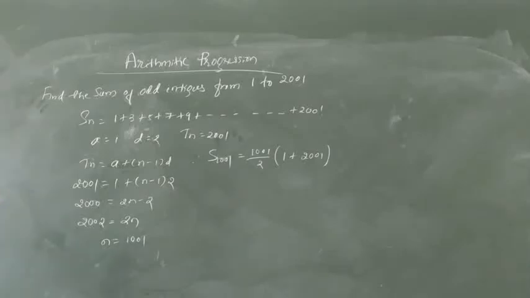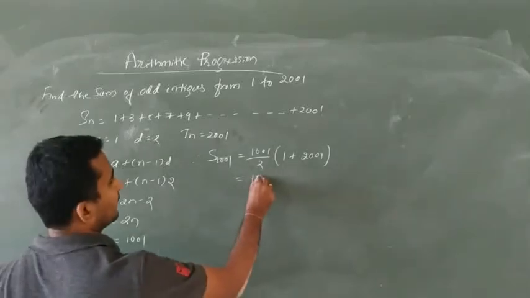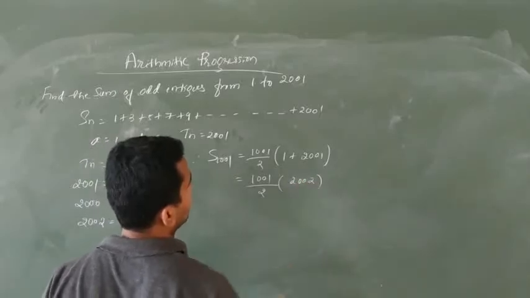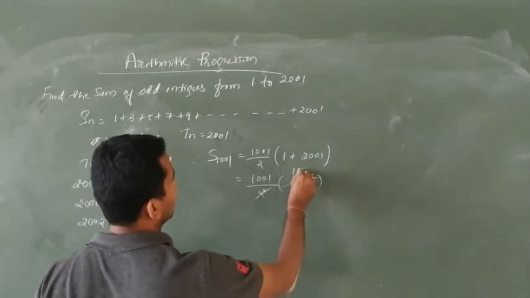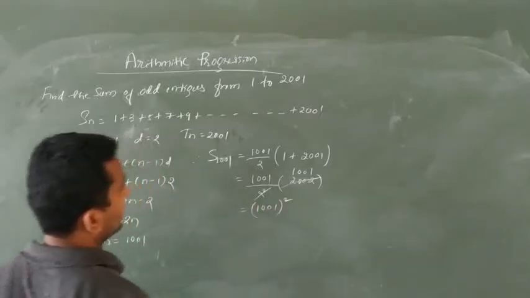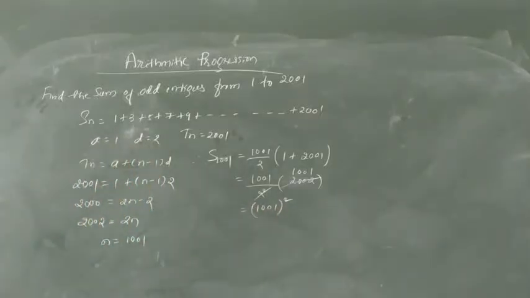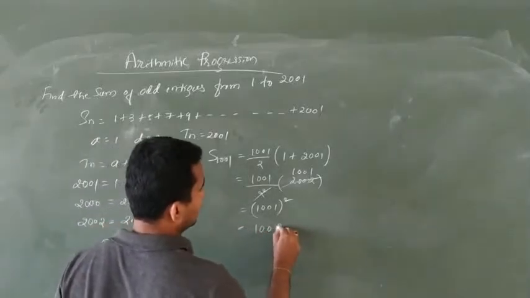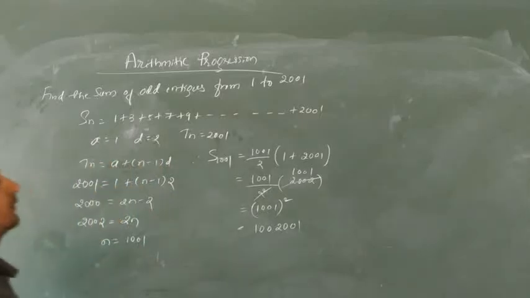So 1001 divided by 2 times 2002, the 2 cancels, and we get 1001 whole square. What do I get? 1002001. So this is your answer. By using the calculator, you can do the multiplication of 1001 squared.